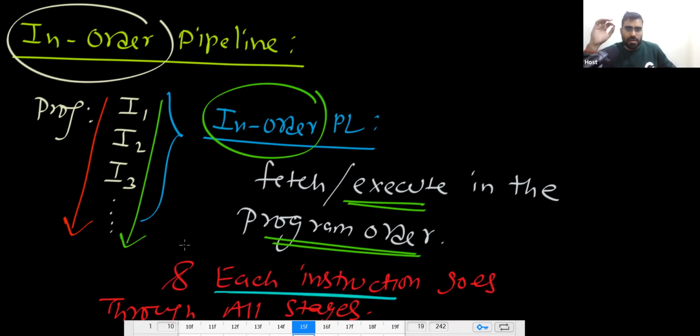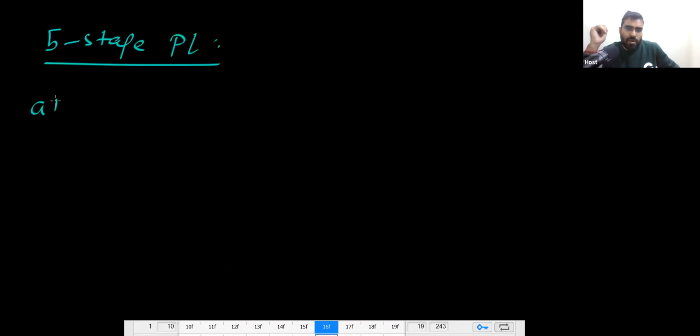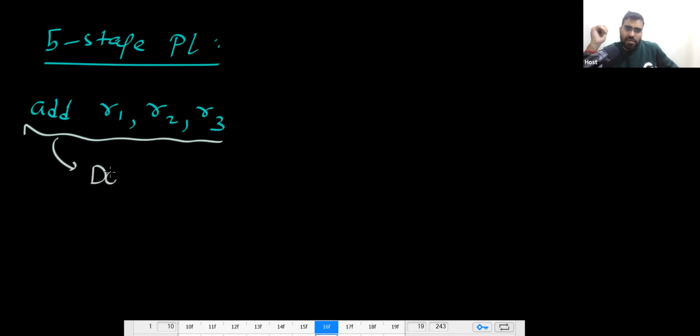For example, tell me, the addition instruction, does it need the data memory access? In your classical 5-stage pipeline, the addition instruction R1, R2, R3, does it need data memory access? It does not need it, right?